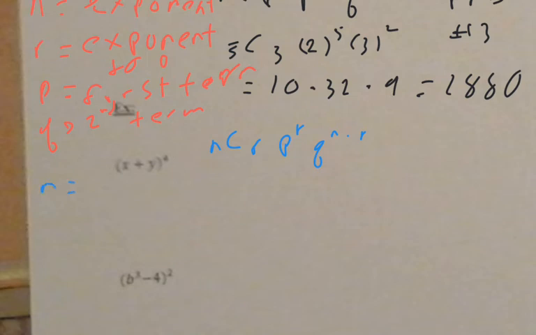Remember, n is our exponent, so our exponent is 4. r is our exponent, or power, down to 0, so we have 4, 3, 2, 1. P is our first term, so that's x, and Q is our y.